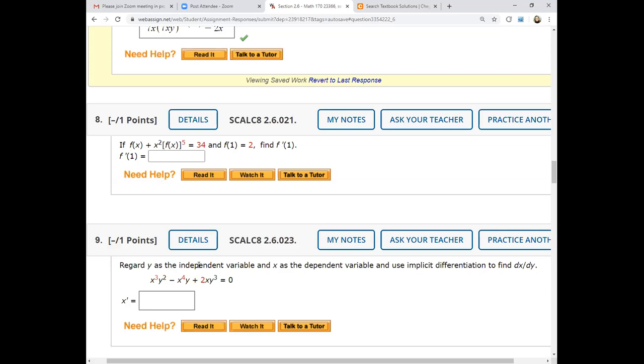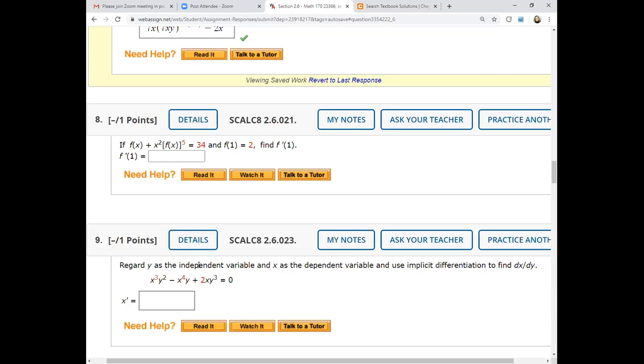Plus the derivative of the second function. The derivative of the second function is 5 times f of x to the fourth power times f prime of x.